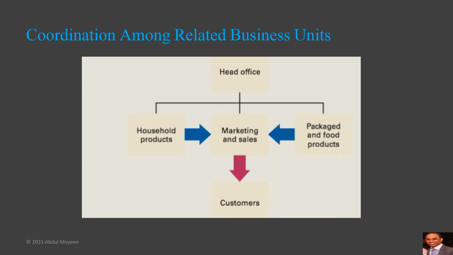Now, if the marketing and sales functions have a $5 million cost, then the head office will have some difficulties here, not probably much difficulty, about what portion of these marketing and sales costs would be allocated to household products and what portion would be allocated to packaged food products.